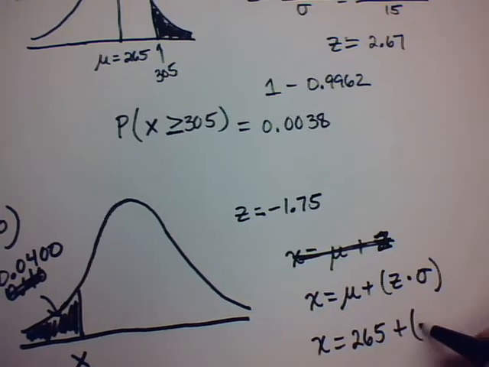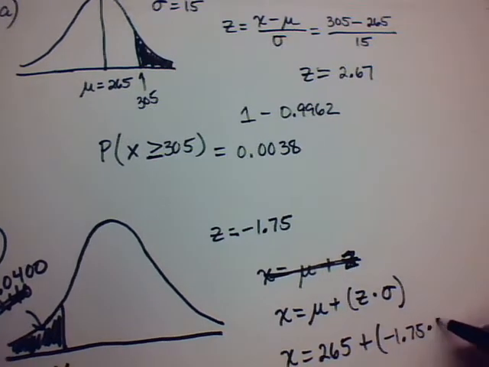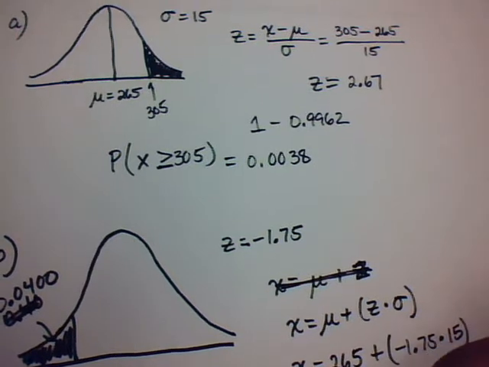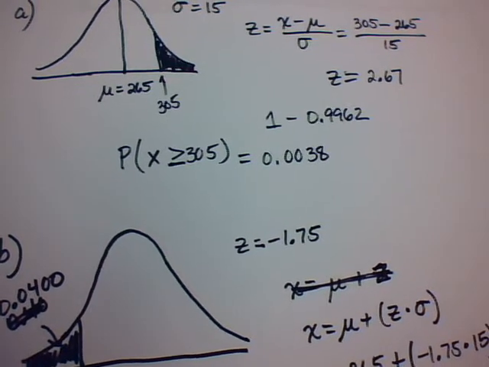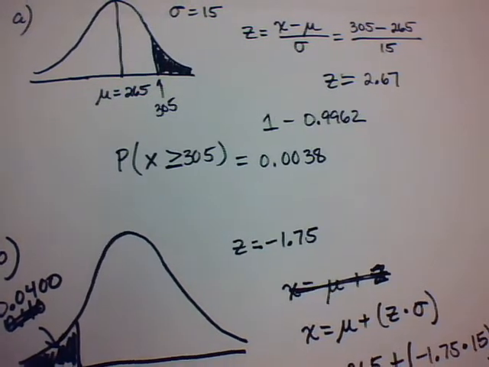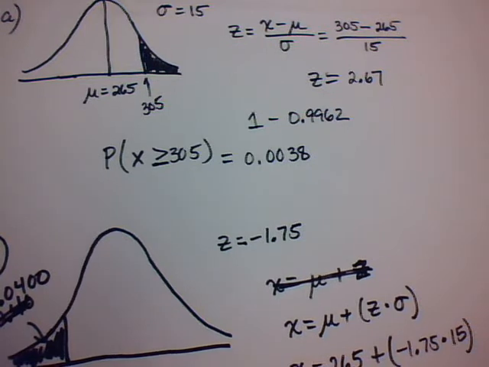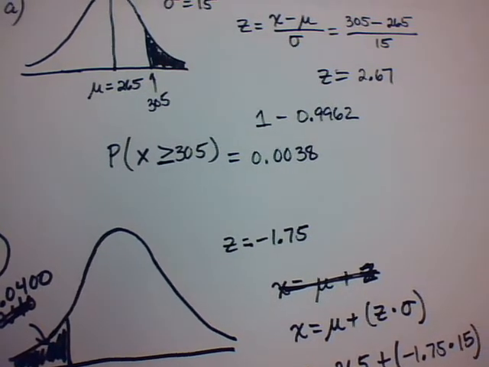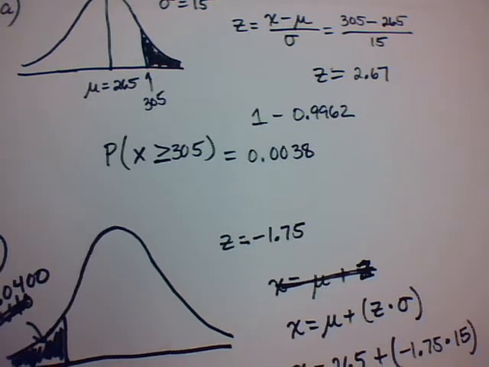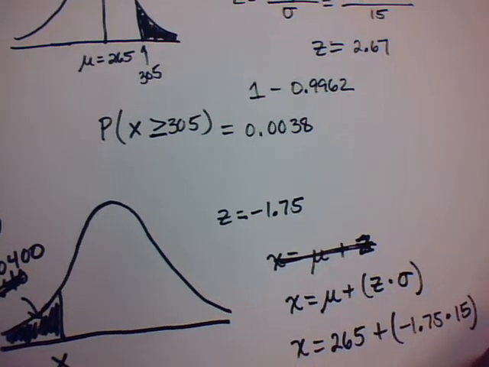Z we found out to be negative 1.75, and sigma was 15. So if we do 265 plus negative 1.75 times 15, that'll give you 238.75.